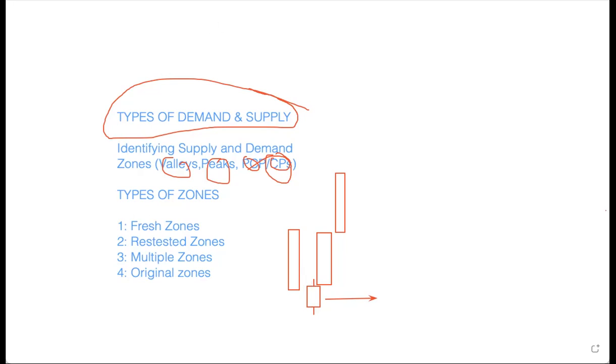So as you trade supply and demand, when you see this, okay, let me do this again. Okay, when you trade supply and demand, when you see this, you draw your zone, okay, like this.